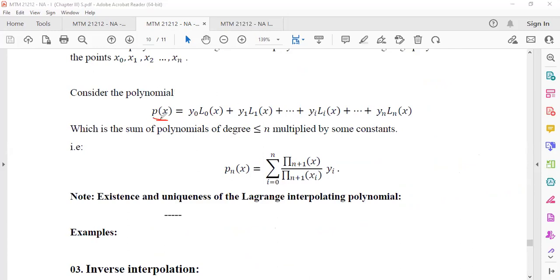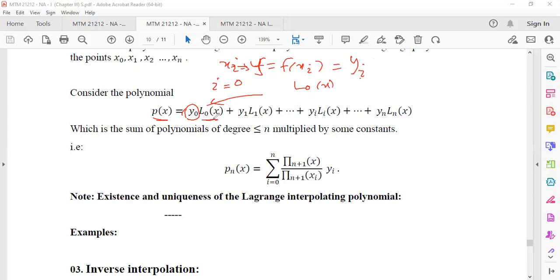We need to find a polynomial which has the y0 value; if they give you the function f of x, with xi values, in that way you can find the yi values. So if you consider i equal to 0, you have y0 times L0(x).